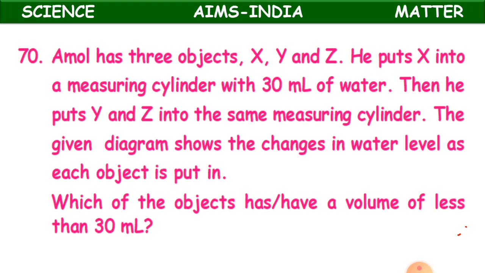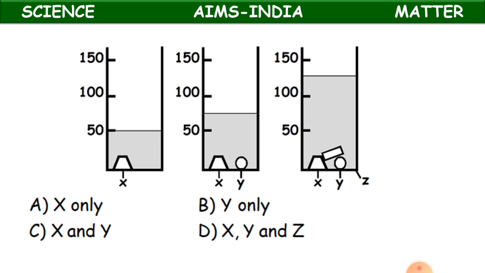So let us go here again. What is happening here? You have got X, Y, and Z. Now which of the objects have a volume of less than 30 ml?